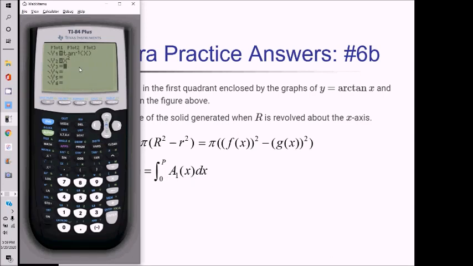So this is just going to be pi times, and I'll open a parentheses here, I need f of x squared, so that's going to be alpha trace y1 squared, because that's where I stored f. And I also need to subtract g of x squared, so let me just do alpha trace y2 squared, and close that parentheses now.